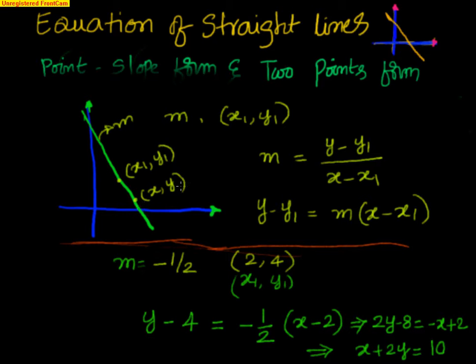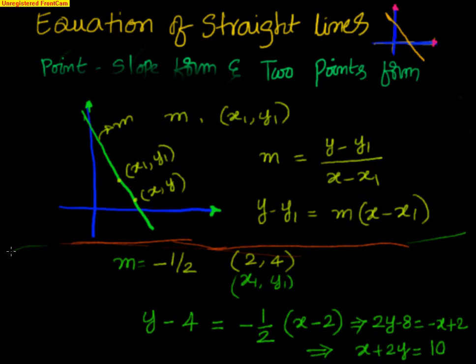Now I know that slope is nothing but equal to delta y by delta x. Since I have 2 points here, I can find out the slope y minus y1 by x minus x1. But this is nothing but equal to m, whose value is already given to us. Now from this we can get the equation y minus y1 equal to m into x minus x1.